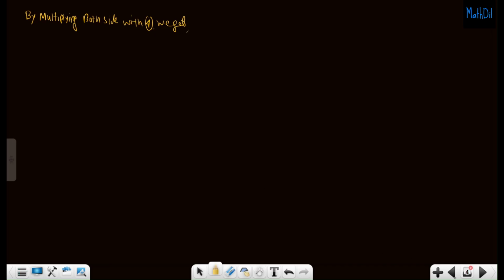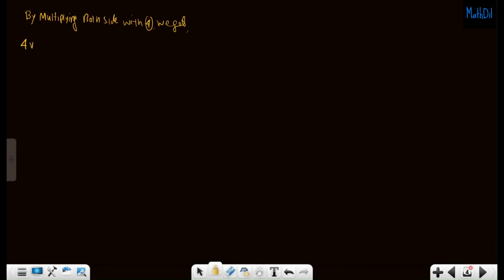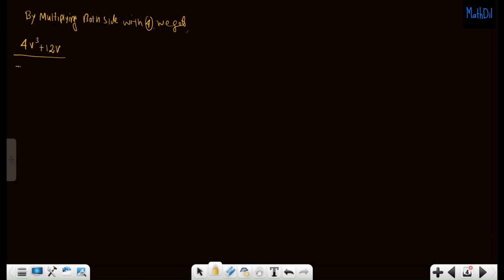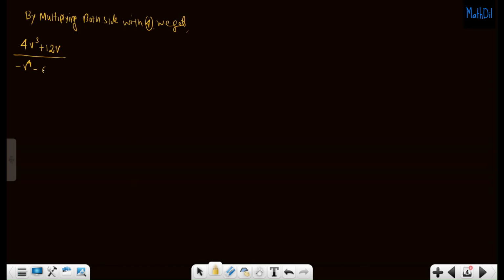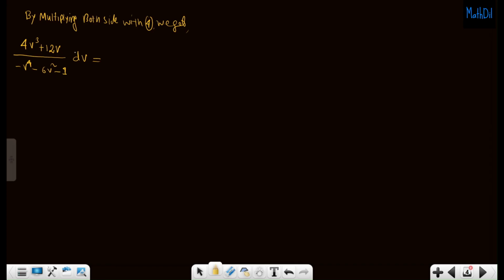We will get 4 into (4v cube plus 12v), right, by minus v to the power 4 minus 6v square minus 1 dv is equal to 4 dx by x, right? So write it, it will be 4 into dx upon x, right? So this is our new expression.